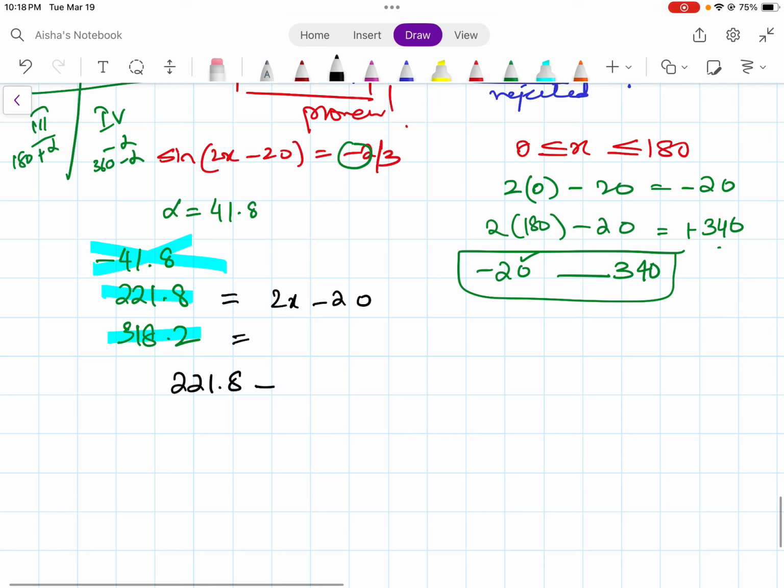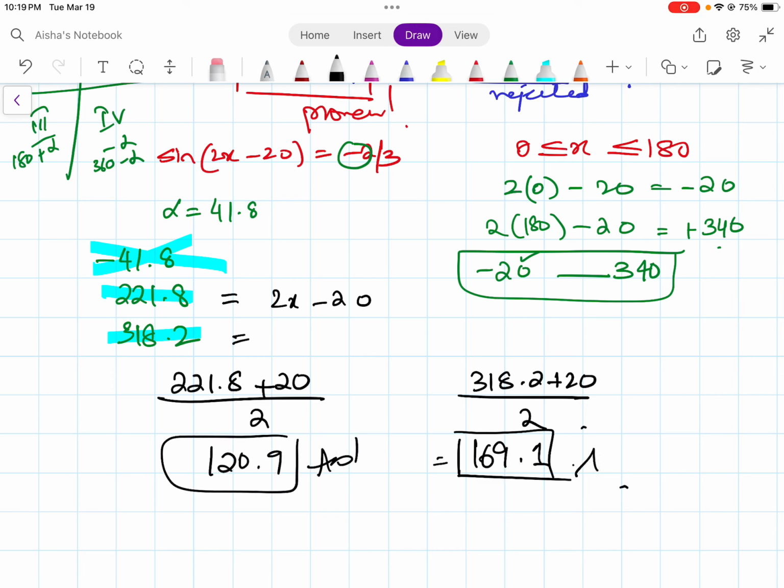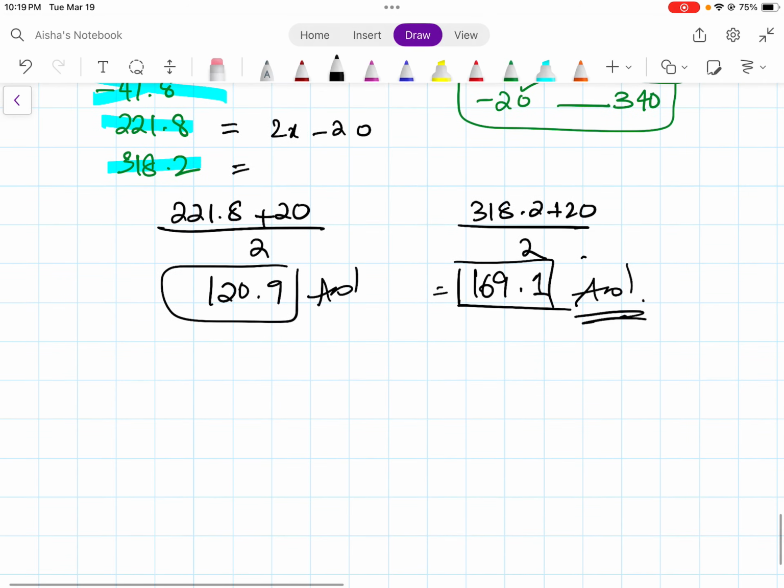Now add 20 and divide by 2. 318.2 plus 20, then divide by 2 gives you 169.1. 221.8 plus 20 divided by 2 gives you 120.9. So these are my two answers for this question.